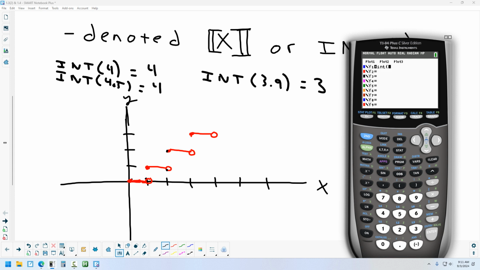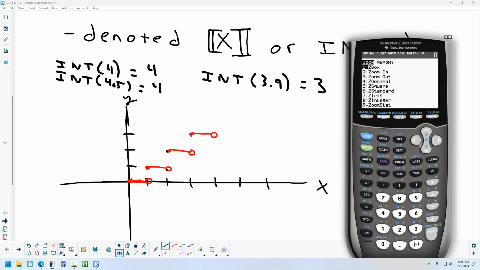And then just press X. You don't have to close the parenthesis, but it is a good practice to get used to closing whatever is opened. I didn't open this parenthesis, it put it there for me. So you should have something like that on the screen. INTX. So that was under math, number, and it was the 5th option down.